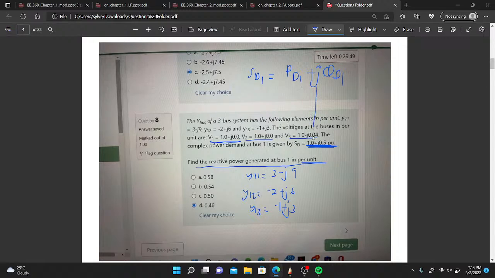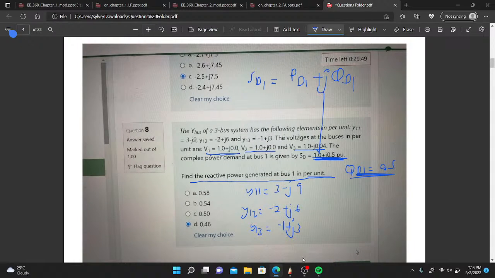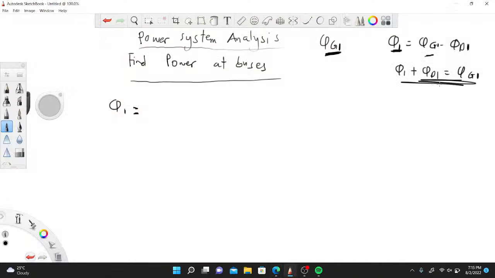So if you compare, our QD1 is 0.5. I have to find Q1 and add it so that I get my QG1.